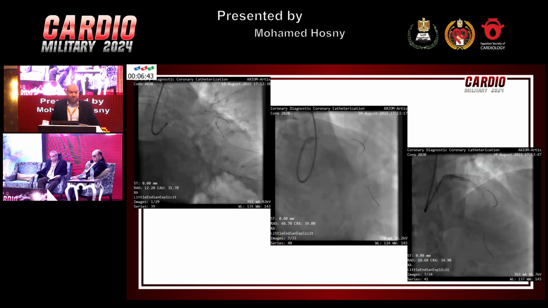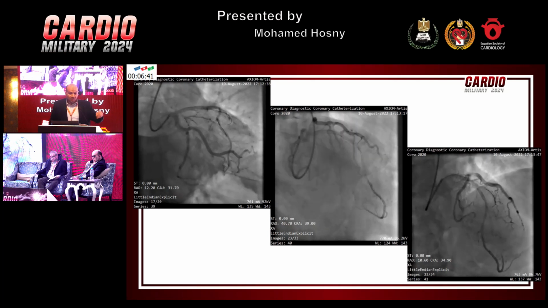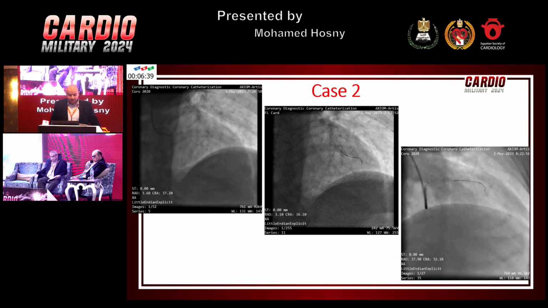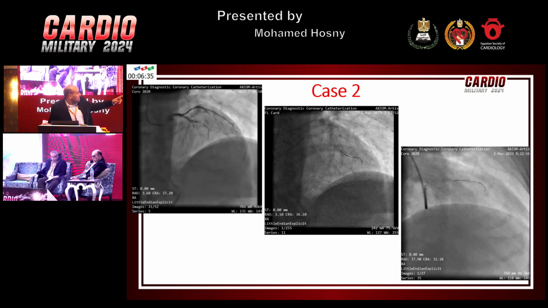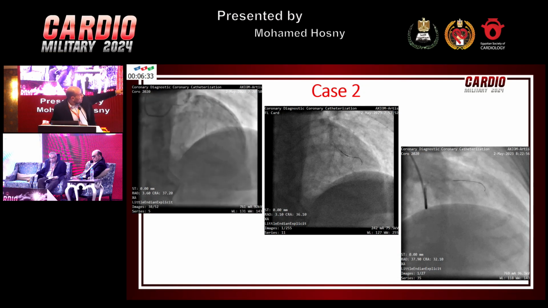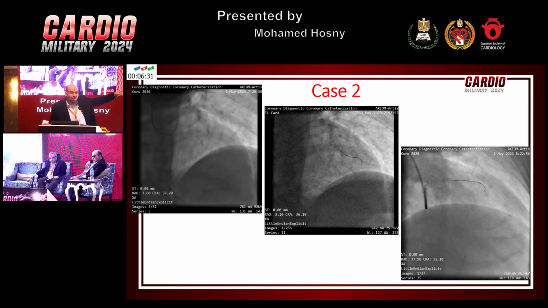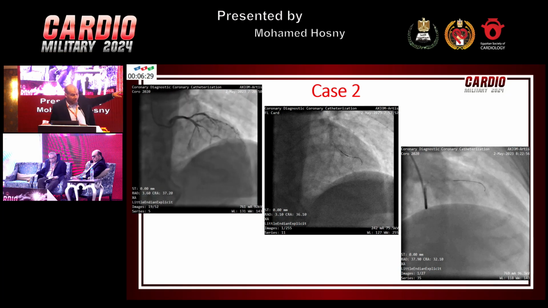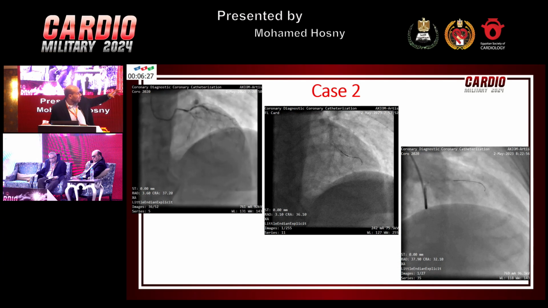I have more cases by the same design, but with different difficulty. For this case, for example, we can see that we have haziness in the LAD involving the diagonal branch, and we cannot see a tight lesion.